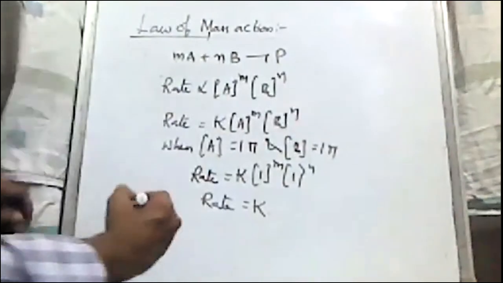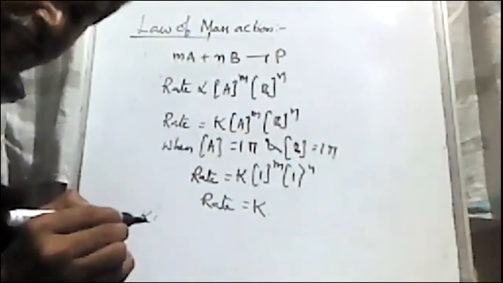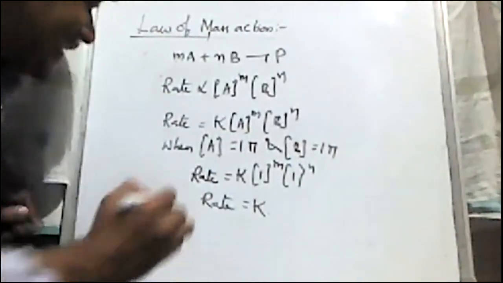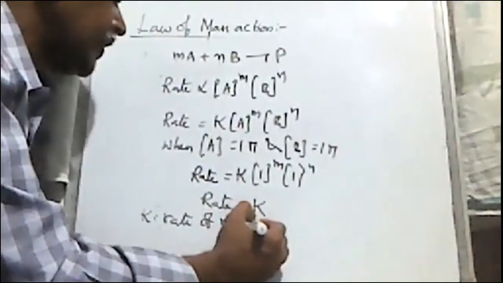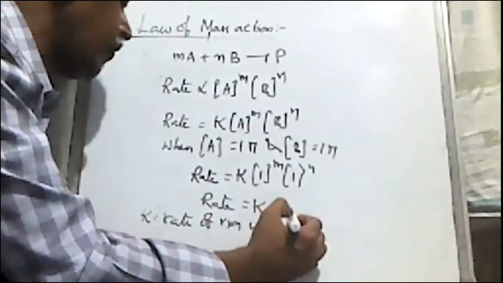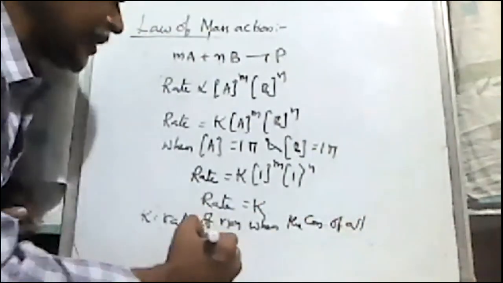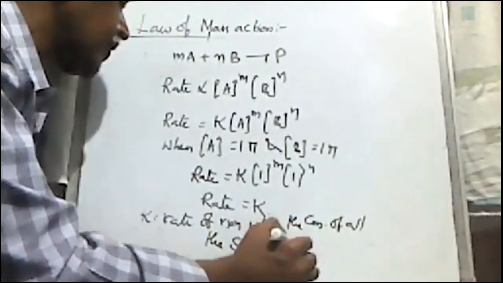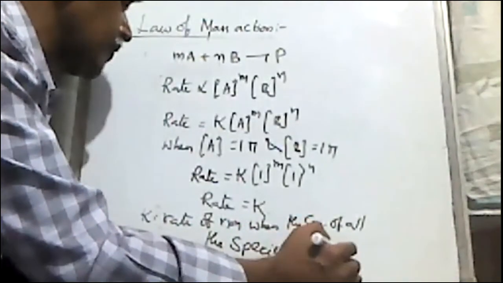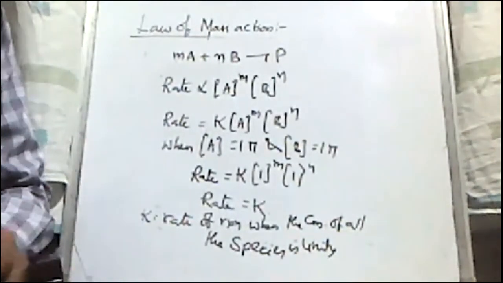So I can define k, the rate constant or specific reaction rate, as the rate of reaction when the concentration of all the species is unity.